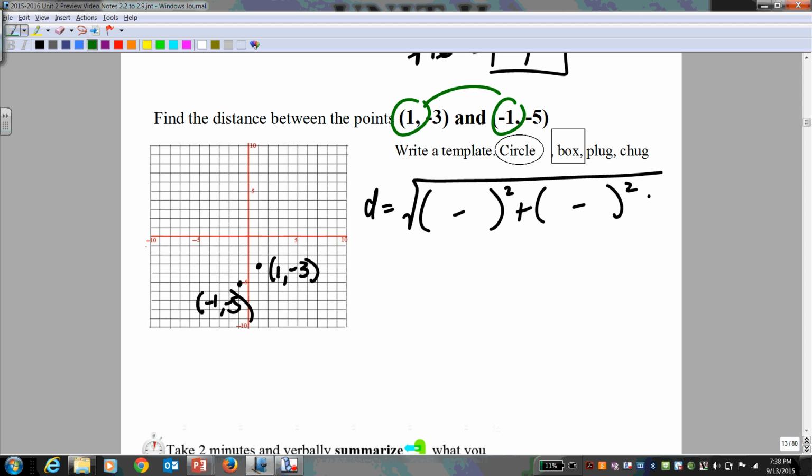Circle my x's. Plug them in. Box my y's. Plug it in. Double negative makes a positive here, so that's 2 squared. Double negative makes a positive, so that's going to be 2 squared.